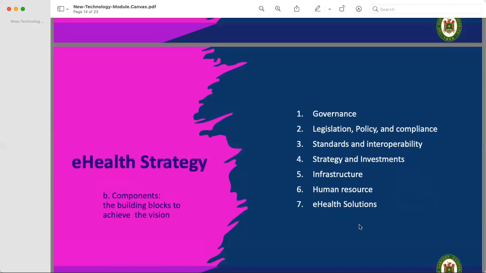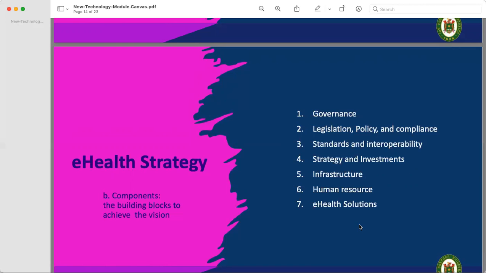And these important components would include, of course, governance, which is very important, and legislation, policy, and compliance, so that the activities have legal basis supported by policies and would necessitate compliance among the users because of this legal basis.